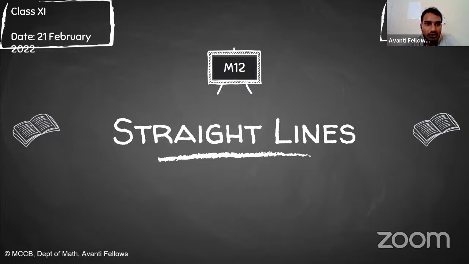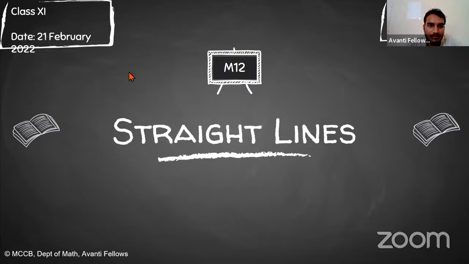Do you have any doubt regarding the last class? I think there is no doubt regarding how to find the obtuse angle bisector and the acute angle bisector, right? If a1 a2 plus b1 b2 is greater than 0, then for the same sign you will get the obtuse angle bisector, and the opposite sign will give you the acute angle bisector.